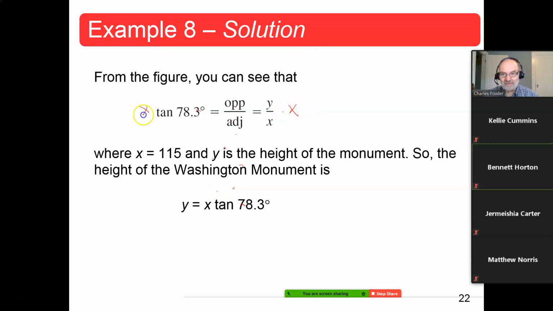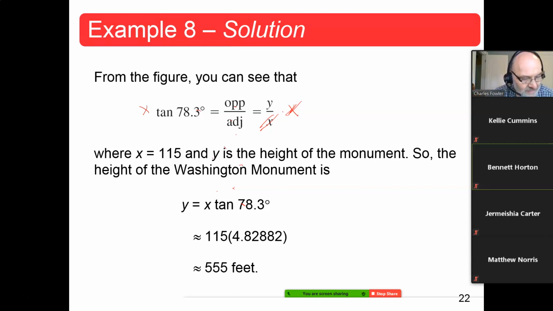Multiply this side of the equation by x. Here the x's go out because they're not zeros, obviously. And then you get y is equal to x times the tangent of 78.3 degrees. Plug in the x, 115 times the tangent, which was 4.82 approximately. And that comes out to close to 555 feet. Okay.